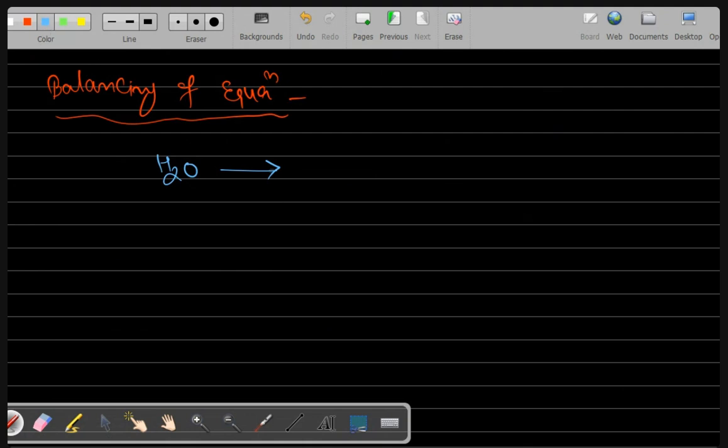First understand, suppose it is given that H2O is producing hydrogen and oxygen. So this is unbalanced, correct? Now I want to balance it. First of all, I will check the number of atoms.